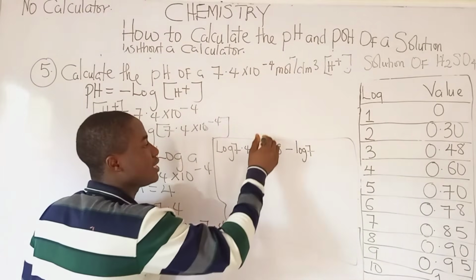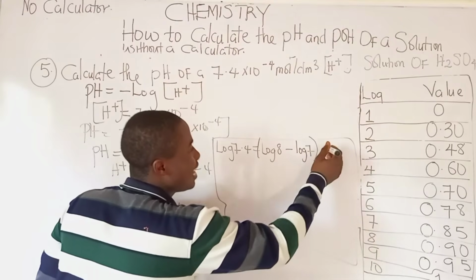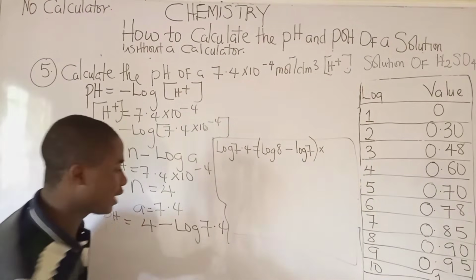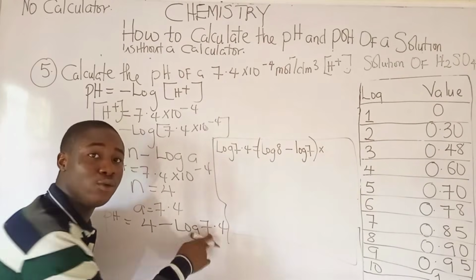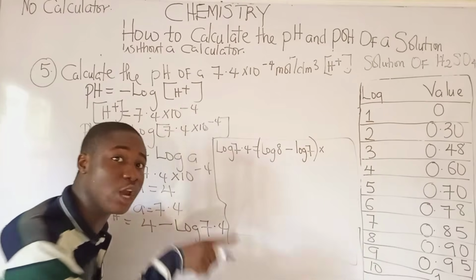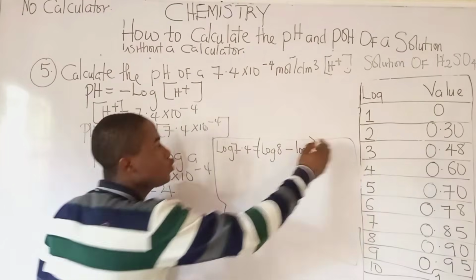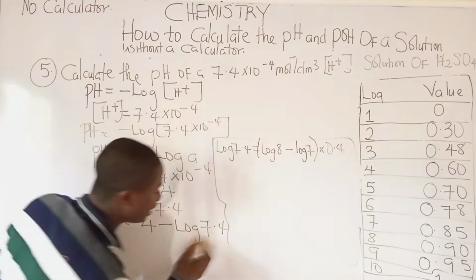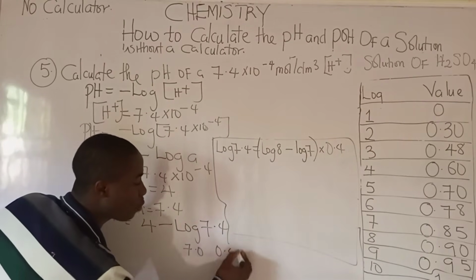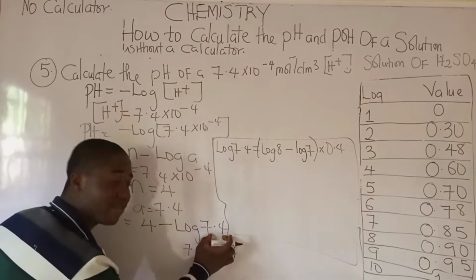Log 8 minus log 7, we put it in a bracket, times. Now, if you check, the whole number of this value is 7. And 7 is actually attached to a value which is 0.4. So we times with the 0.4 because this can also be written as 7.0 and 0.4, because this makes up 7.4.